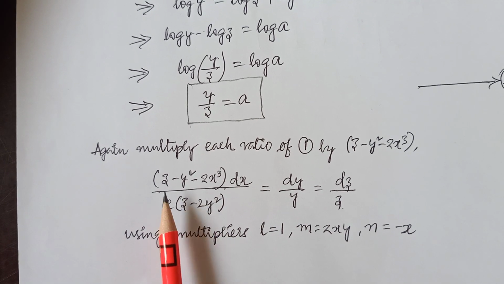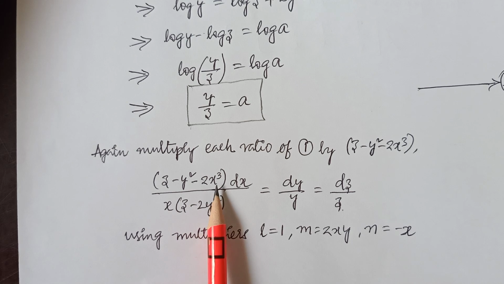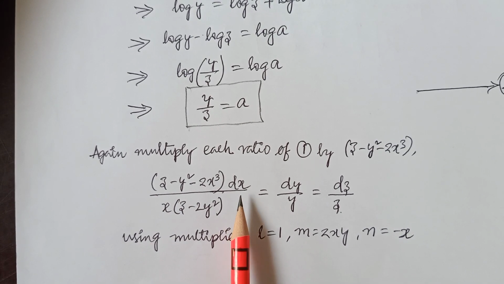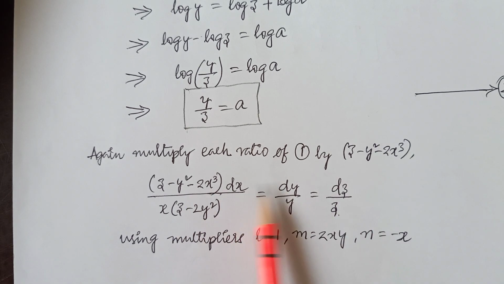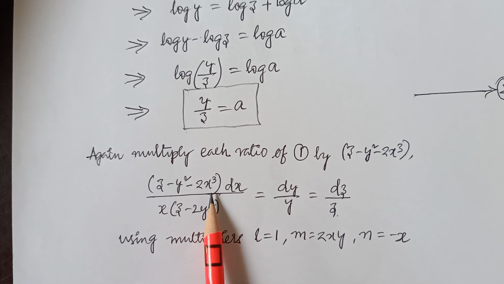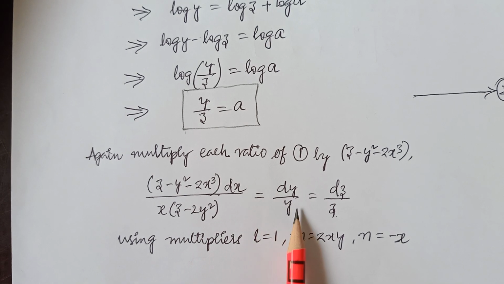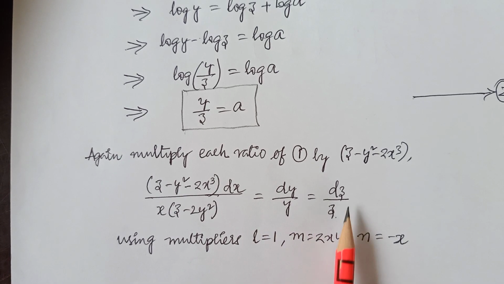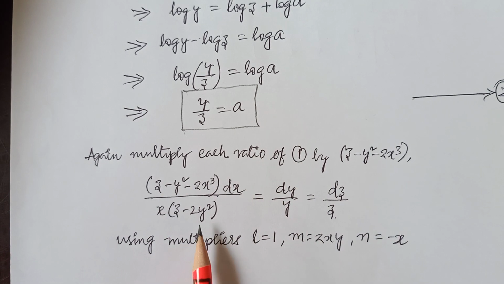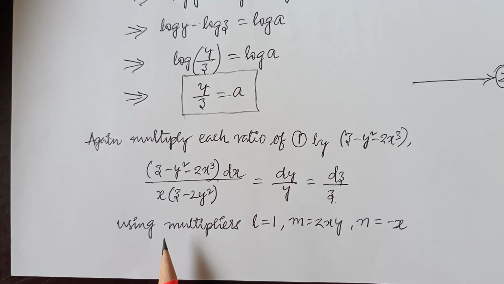I am writing it as z minus y square minus 2x cube by x into z minus 2y square. What I did was multiply the entire equation by z minus y square minus 2x cube. What happened here? Both terms get cancelled, and dy by y is equal to dz by z. Now, by rewriting like this, it is easy for us to choose the multipliers.